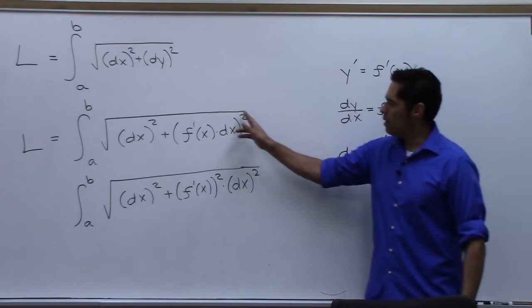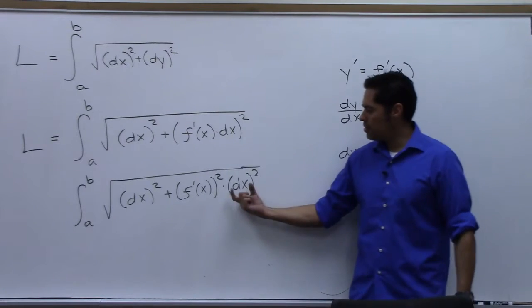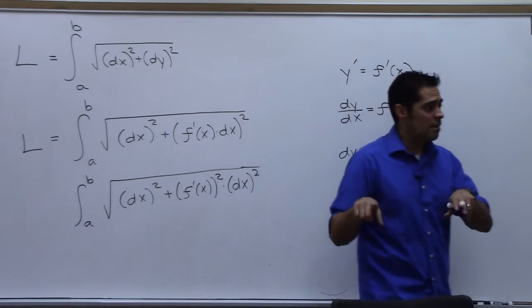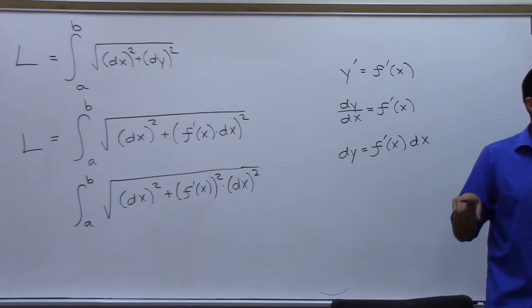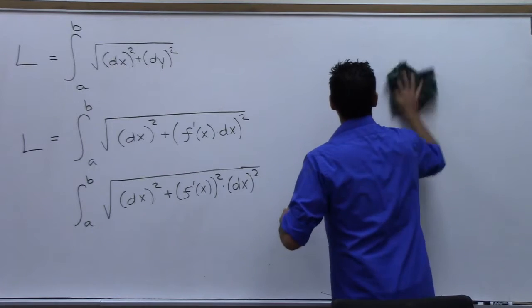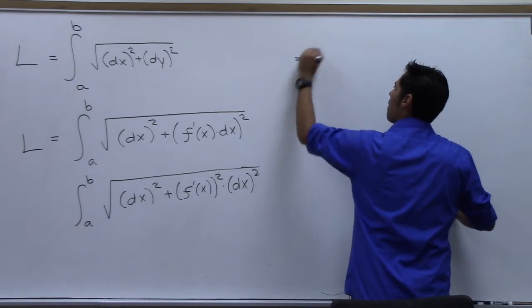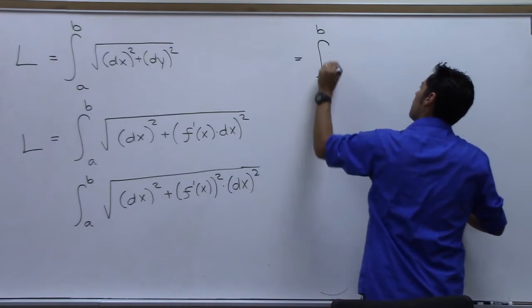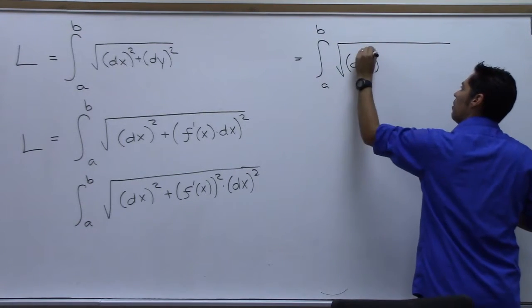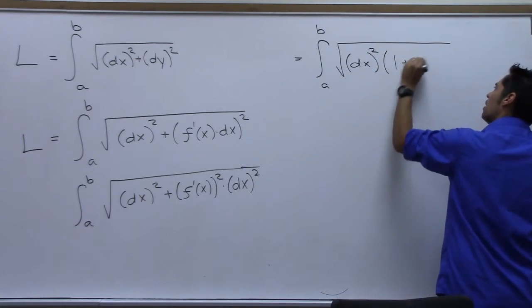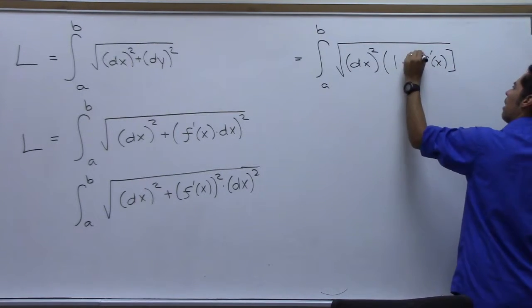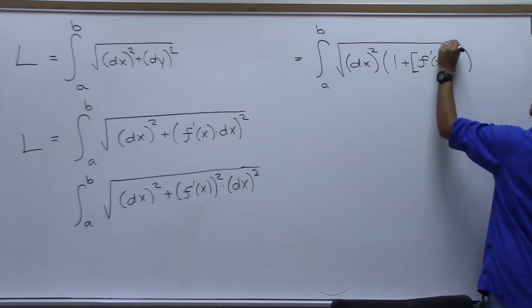Yeah. Squaring each one. And now do you see there's a dx squared here and a dx squared here? So you can factor out a dx squared from both. And when you factor that dx squared out, I'm going kind of slow here, you're left with 1 plus the derivative of f, I'm going to put that in brackets, squared.